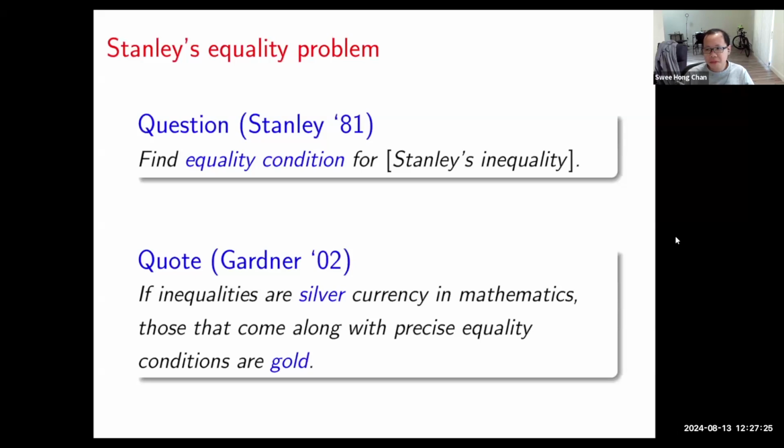So this problem was actually started by Stanley in the original paper, where he asked: can you find the equality condition for Stanley's inequality? And by the way, let me make a very important remark here. You see that I put Stanley's inequality in a box. The reason is that Stanley does not call this inequality Stanley's inequality.